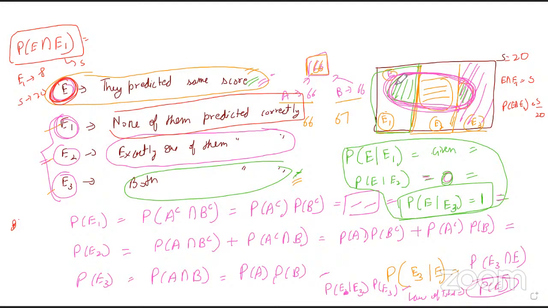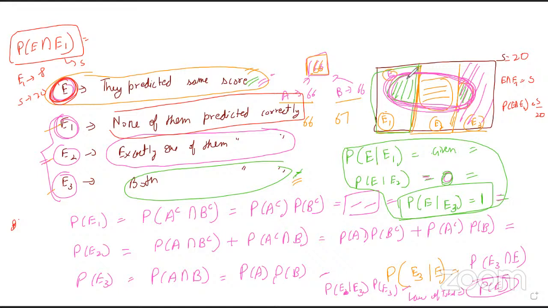But I considered it as the overall probability that they got it right, that is 5/20. If you consider the sample space as 20, then I considered it as 5/20 instead of E given even.